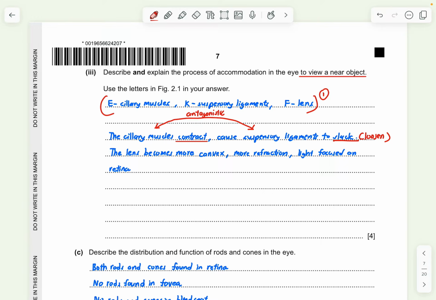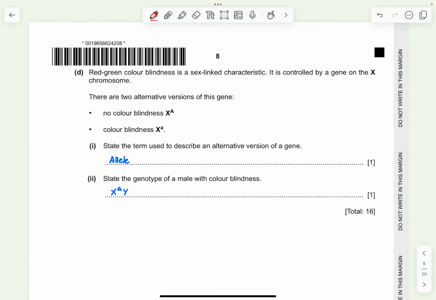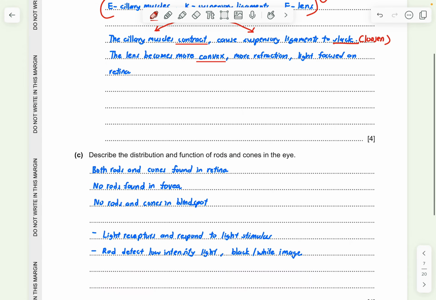The same applies here. And the lens will become more convex because they are trying to pull the image closer to you, causing more refraction. More refraction allows light to focus better onto the retina. Okay, so that is the answer.